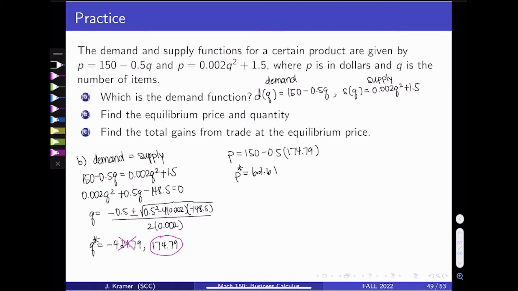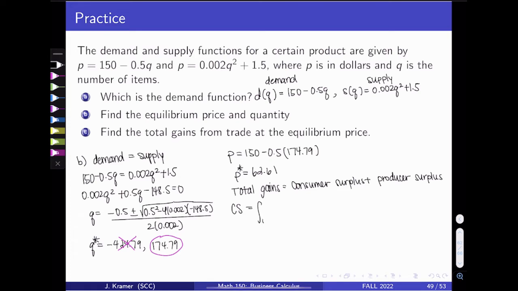In part C, we're asked to find the total gains from trade at the equilibrium price. And remember, total gains are consumer surplus plus producer surplus. So we'll calculate consumer surplus and producer surplus separately, and then we'll add those together to get our total gains. Starting with consumer surplus, we have the integral from 0 to the equilibrium quantity of the demand function, minus the equilibrium price times the equilibrium quantity.